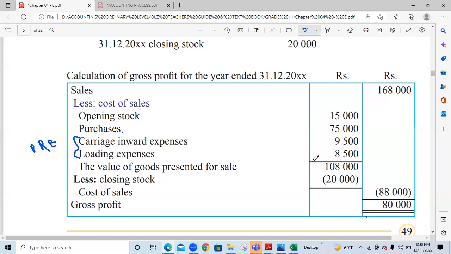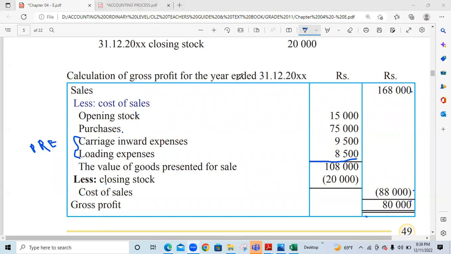Then you get the cost of goods available for sale. Once you deduct the closing stock, you get cost of sales. Sales minus cost of sales is gross profit. All the equations we studied horizontally are put vertically here.